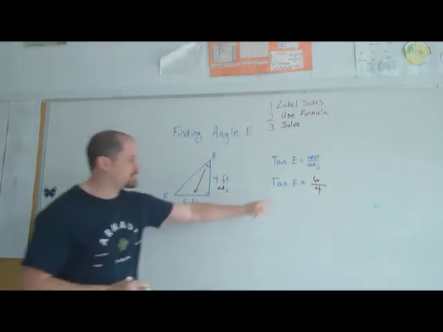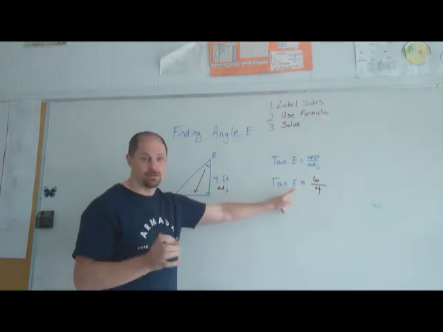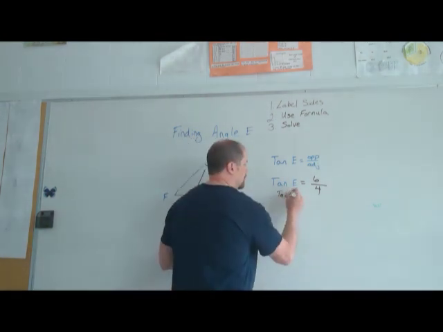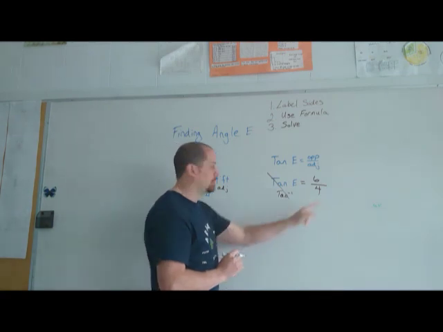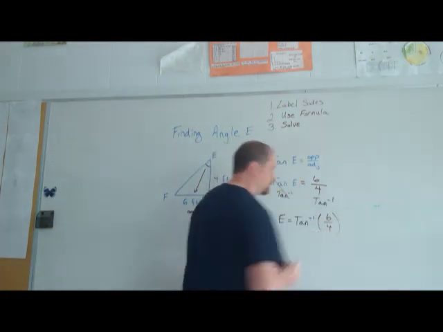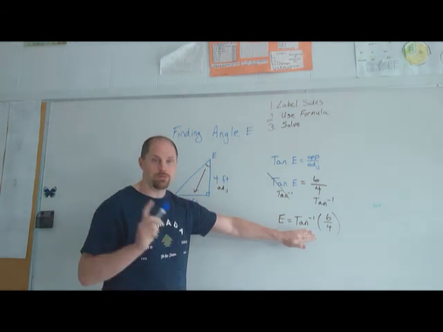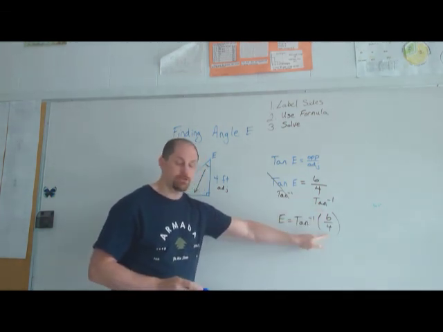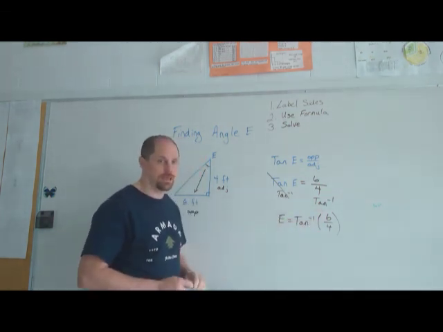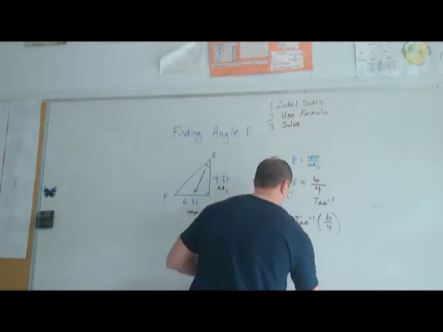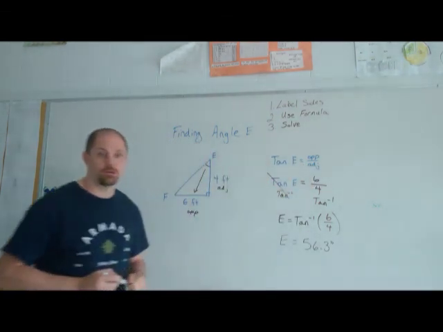Now, because the unknown is in the middle, it's the angle, I'm going to use tan inverse, and that cancels out. If you have a 2-line calculator, don't forget, put the brackets around it. If you've got a single line, divide it first, second function, tan inverse. You should get 56.3 degrees.